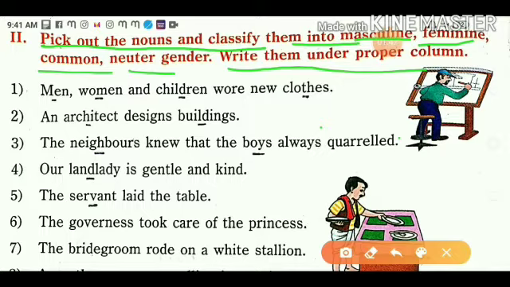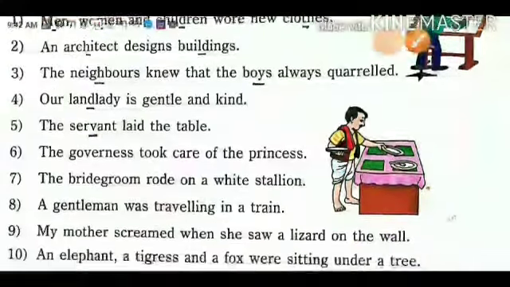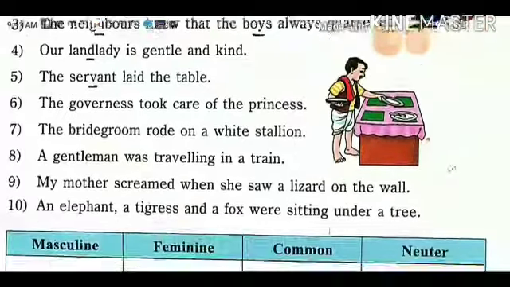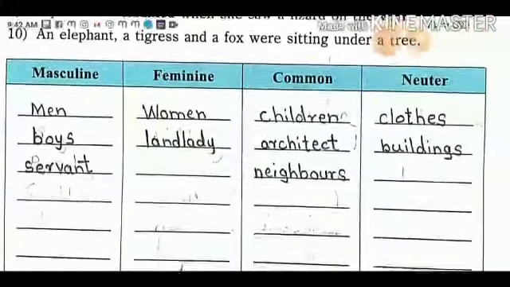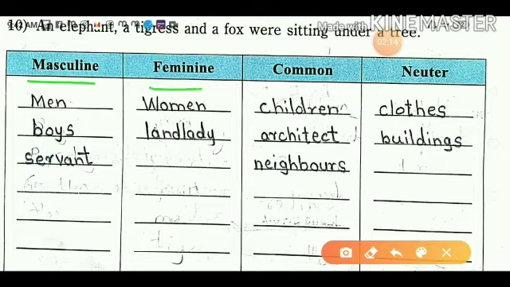I have solved 5 sentences, and the remaining 5 sentences you should solve. I will show you. There are 10 sentences and some columns, and in those columns are mentioned masculine gender, feminine gender, common and neuter.